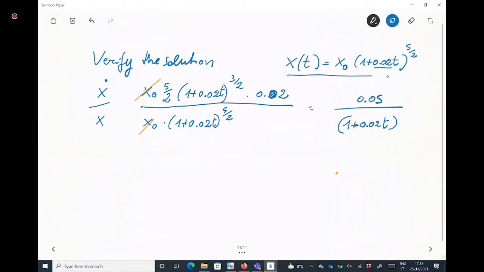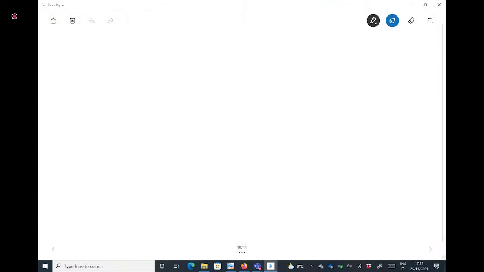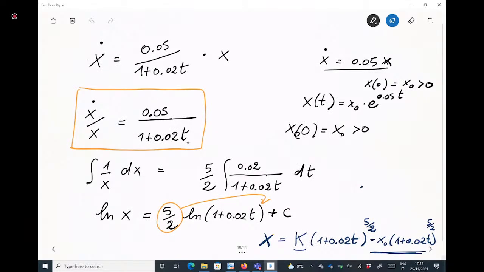So this function has the property that its time growth rate is exactly this one. But this is precisely what our differential equation requires. So with the differential equation, we have to find an unknown function having a time growth rate equal to this one.